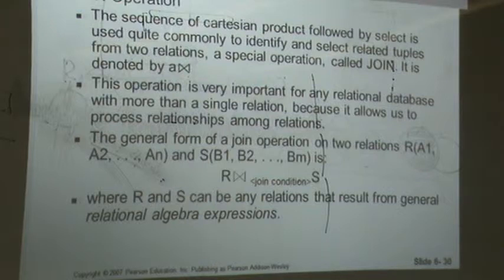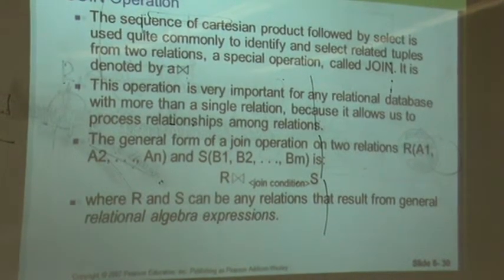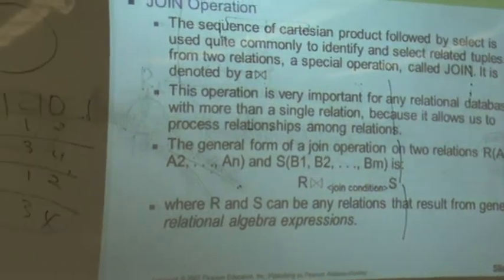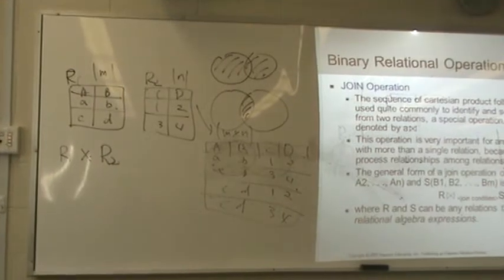Why do we need to connect? Why do we need to join? So we should get the data from 2 different tables. We only require data from 2 tables.